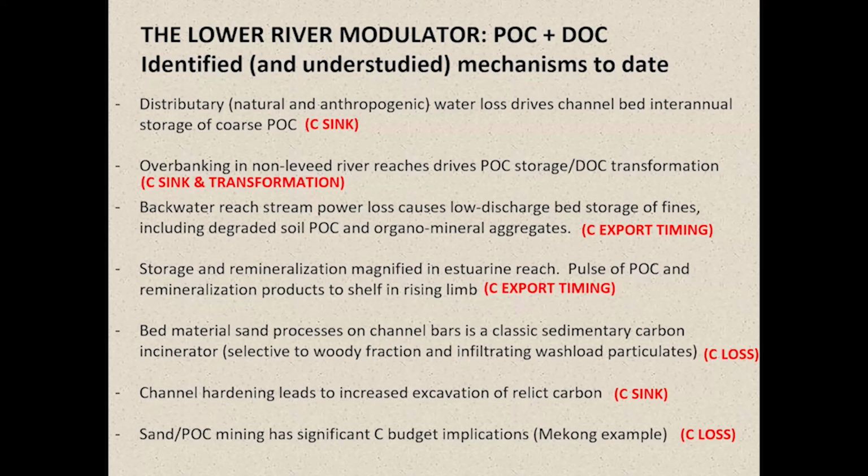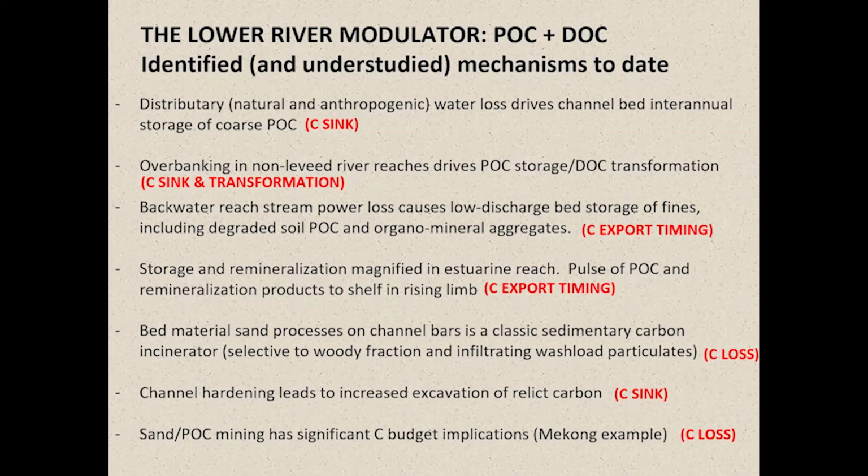We've seen it in places where we have temporary things like the Bonnet Carré spillway here. We'll see rapid deposition on the channel floor when the spillway is open, and then when they close the spillway, that material is remobilized. Well, if you have a permanent distributary, presumably you're going to have a stream power loss and a relatively permanent storage of coarse material on the bed. And that could be thought of as a carbon sink if there's large particle woody material associated with it.